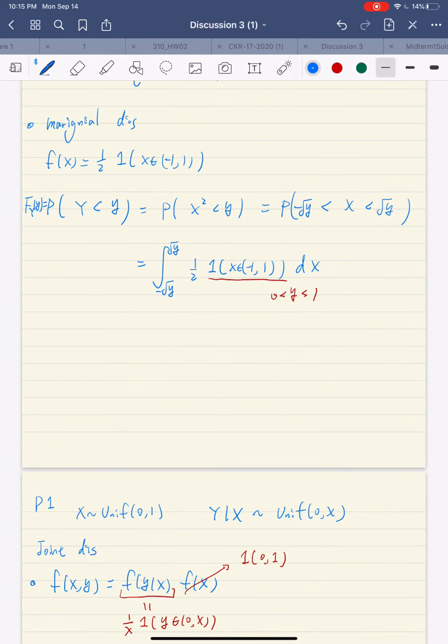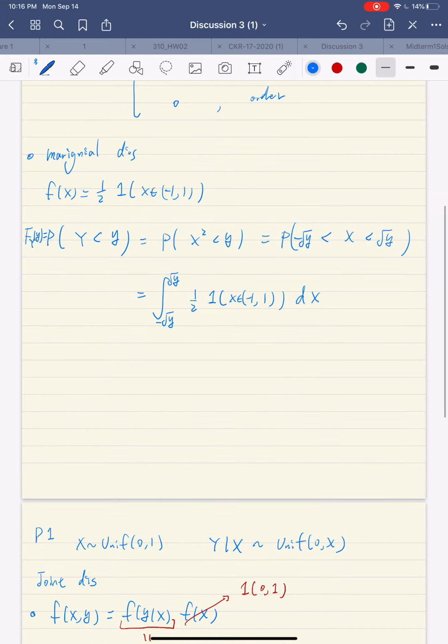So if y is not between 0 and 1, we consider the cases.